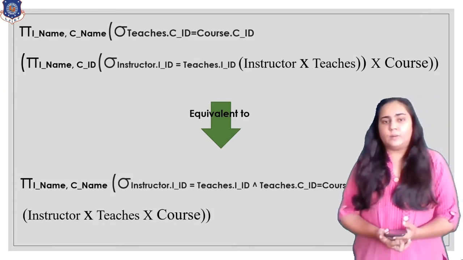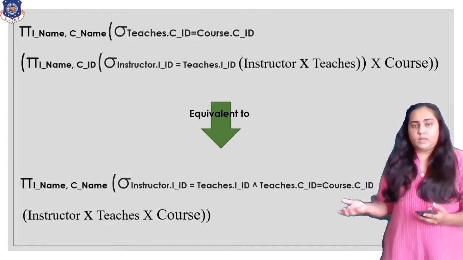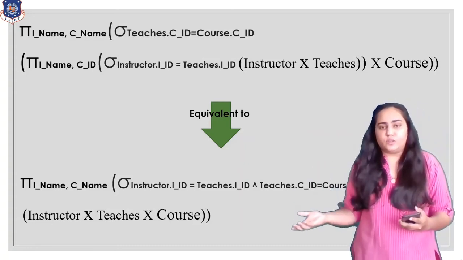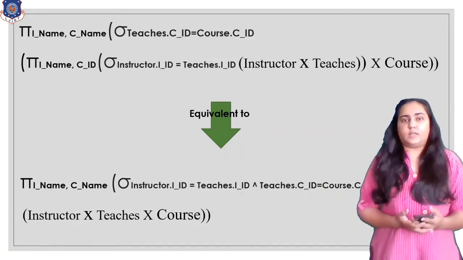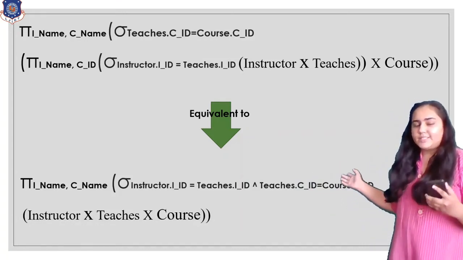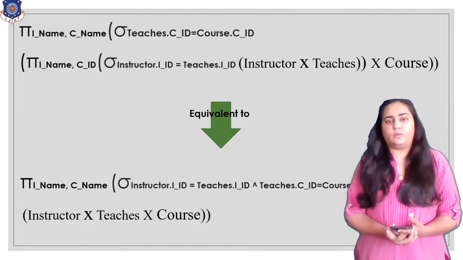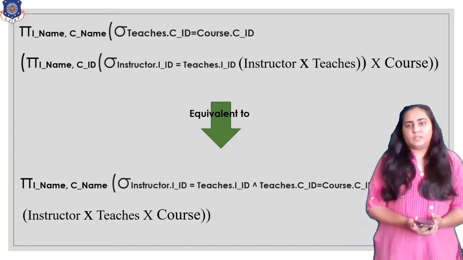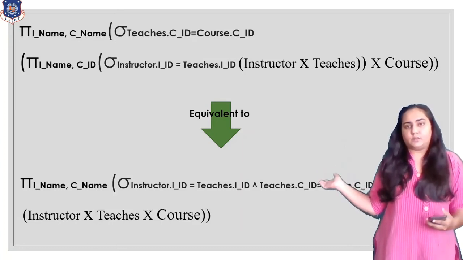We want to match ID of instructor with ID given in teaches. And we also want to match the ID of the course with the course ID given in teaches. So we are doing that. And then we can apply the pi condition and select only names of instructors and names of courses. So this is how you can simplify your query to make it look better.